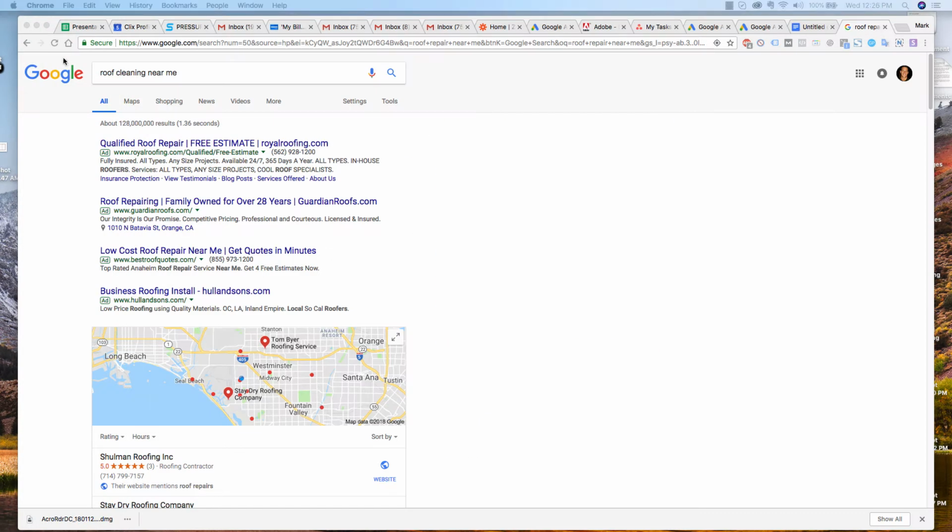Well, when we do a search right here, let's say roof cleaning near me, right now all of these businesses got 1 impression. An impression does mean the ad showed up on the page. So it doesn't necessarily mean someone saw the ad. What it means is the ad was on the page.